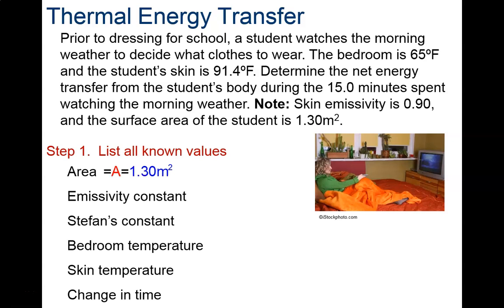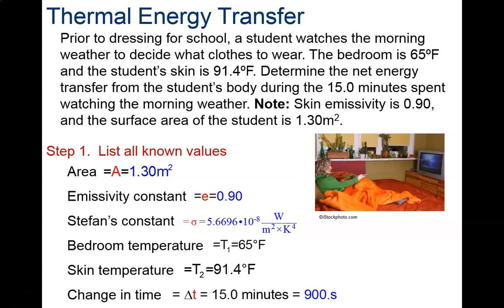So the area is given as 1.3 meters squared. The emissivity constant is 0.9. Stefan's constant is given. The bedroom temperature is 65. The skin temperature is 91.4. And the time that we're talking about is 15 minutes, or 900 seconds.